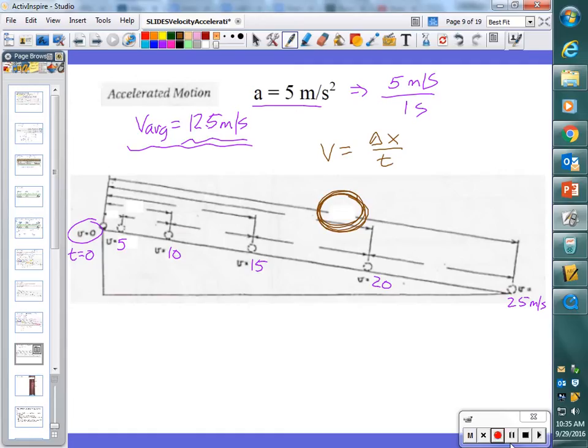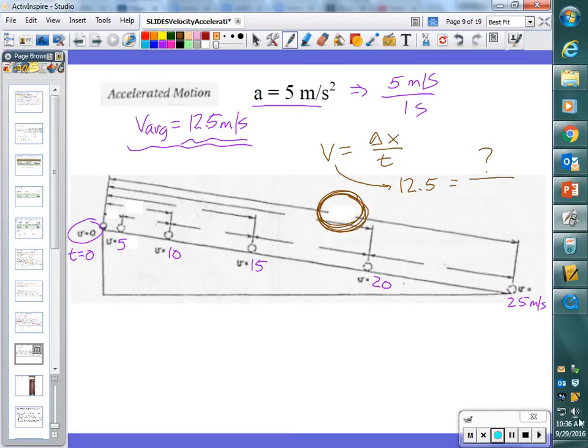We just calculated that the average velocity of this object on the entire ramp was what? 12.5. So we'll plug in 12.5 for the velocity. We don't know how long the ramp is. That's what we're trying to find out.